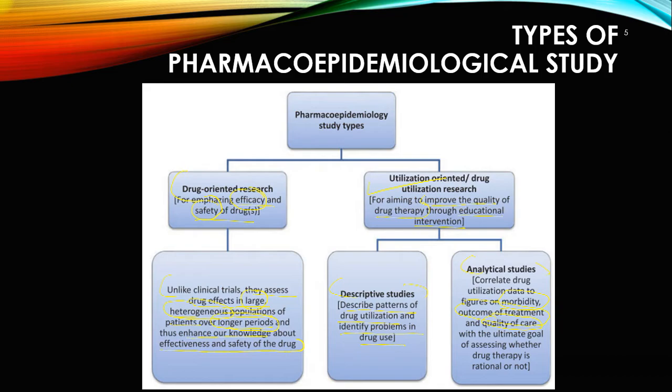And quality of care means, whenever a drug is being taken by the patient, whether the drug is able to provide the therapeutic results without much of the side effects, that is the quality of care. So suppose opioid analgesics. Opioid analgesics are fantastic analgesics to relieve the patient of their pain, but they do have certain adverse effects.